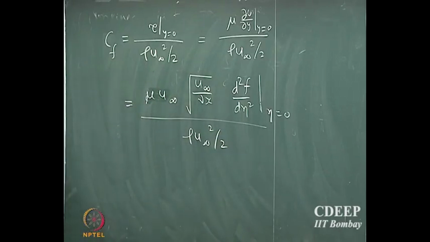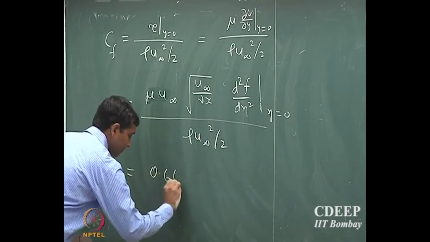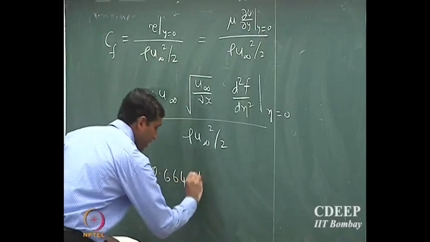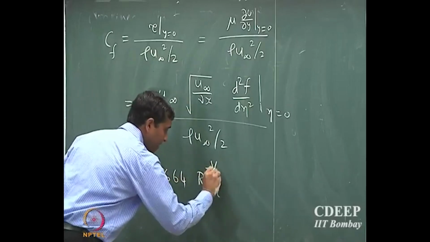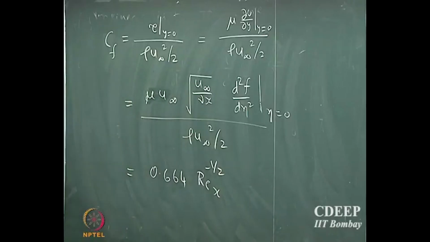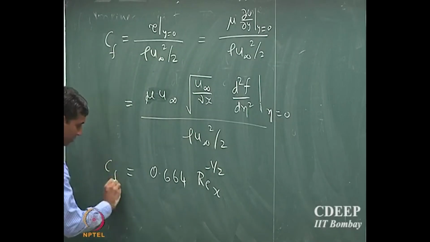So if I know the second derivative of my function f with respect to eta, I am done. Okay. So that will be 0.664 into Reynolds number to the power of minus half. So that's the functional dependence of the friction coefficient on the Reynolds number.